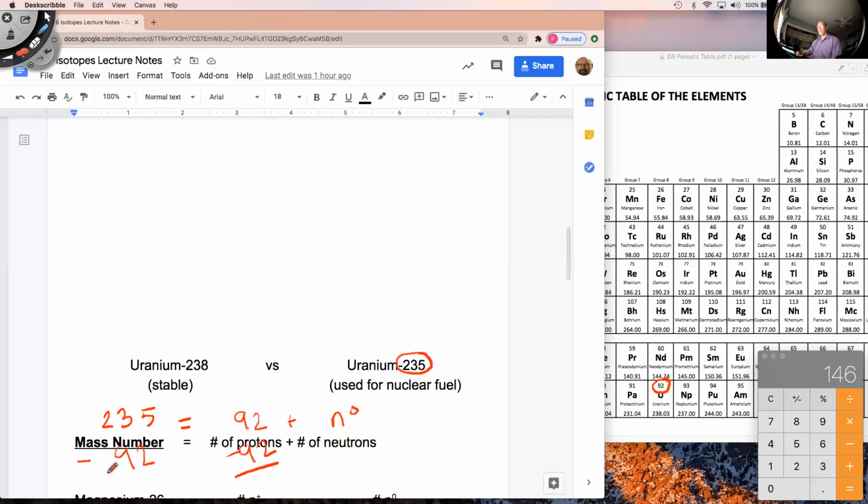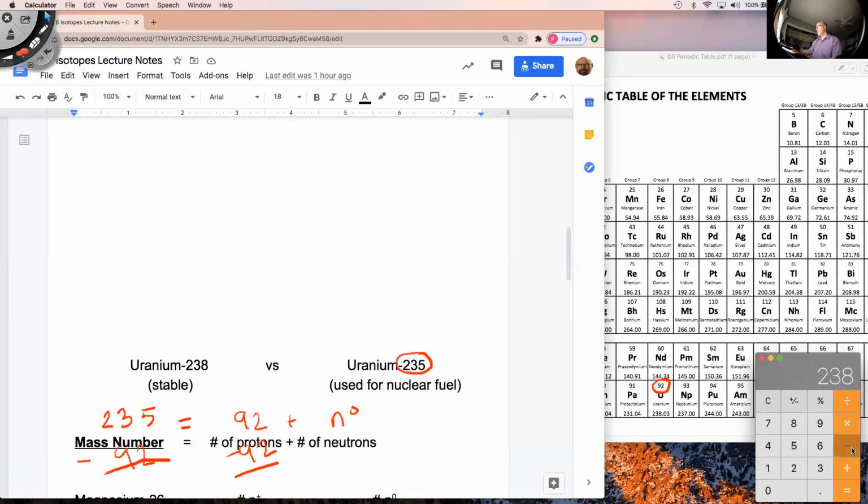We'll take it off of both sides. Go get our calculator up here at the top. 235 minus 92 equals 143. So in this case, we have 143 equals the number of neutrons for uranium-235.